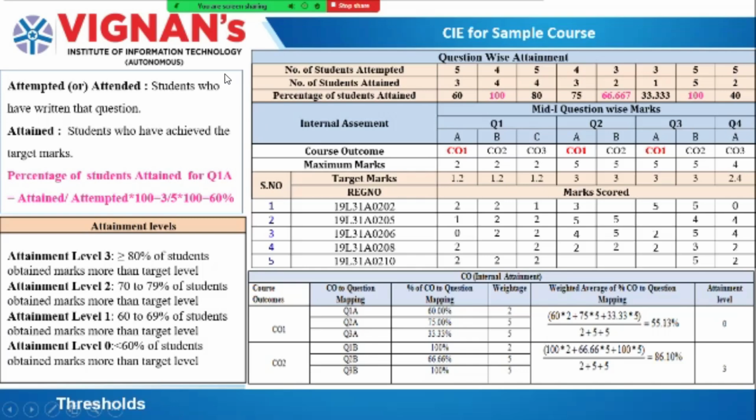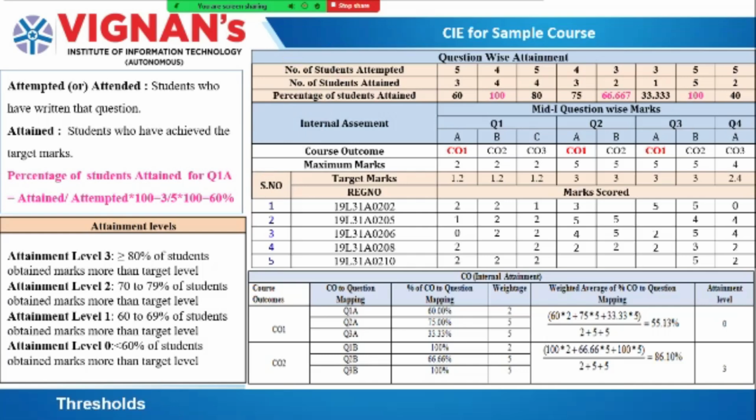Question 1A, that percentage is 60, question 2A is 75, and question 3A is 33. Like that, we will get the individual percentages.